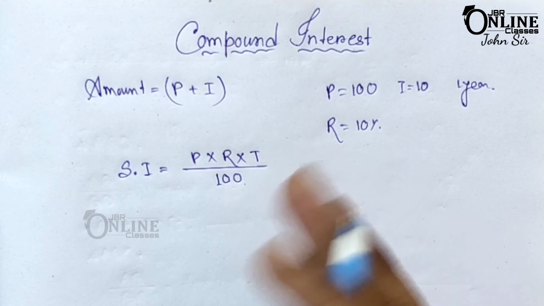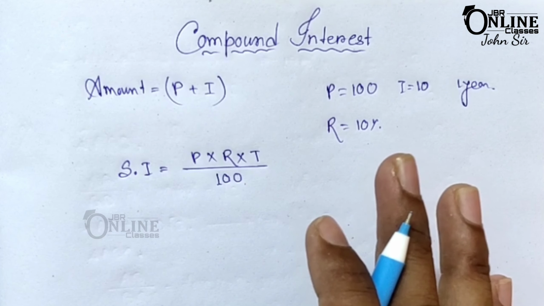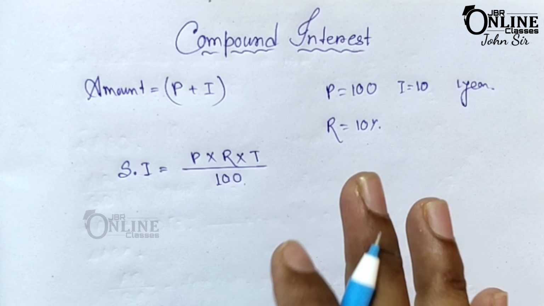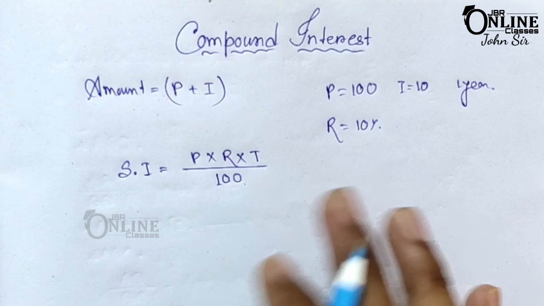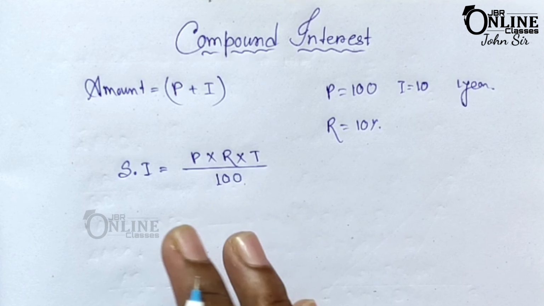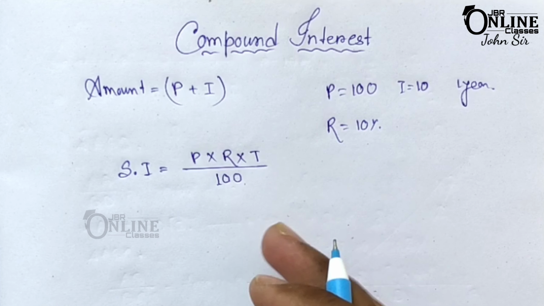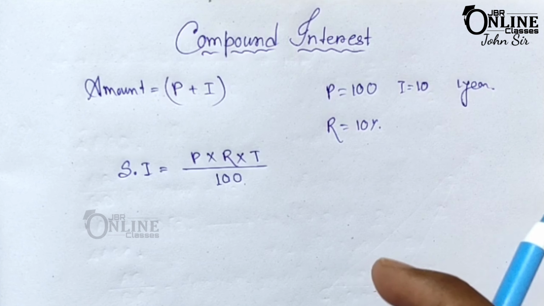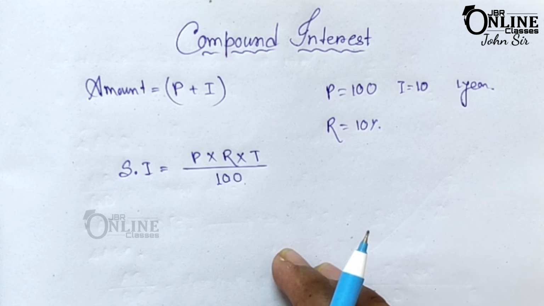That means for 1 year, 2 years or 3 years, the principal is always constant. But in compound interest, the principal keeps on changing every year. For the first year the principal will be, suppose, 100, then for the next year the principal will be principal plus interest, and the amount you get after 1 year will be the principal for the second year.